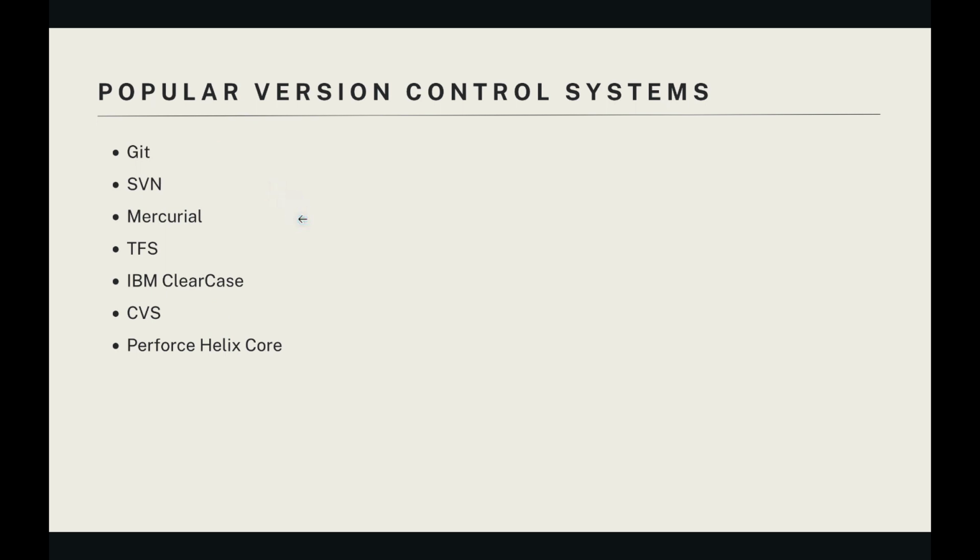You might have heard of some of them. Git is the most common version control system among these, and it is a distributed version control system. Mercurial is also a distributed version control system. On the other hand, SVN, TFS, Perforce, and CVS are centralized version control systems.